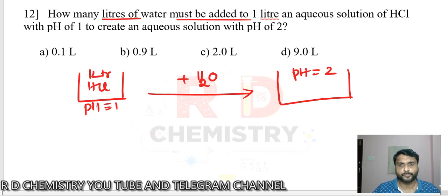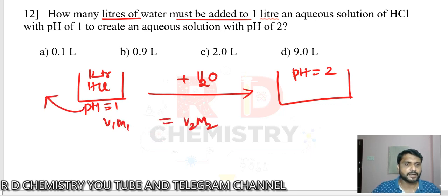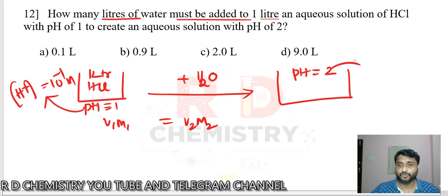So it is actually a dilution. We use V1M1 equal to V2M2. When pH is equal to 1, the H+ concentration is equal to 10 power minus 1 molar. pH 2 means H+ concentration is equal to 10 power minus 2 molar, right?